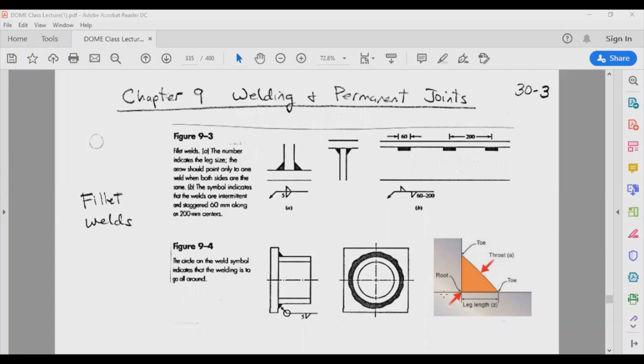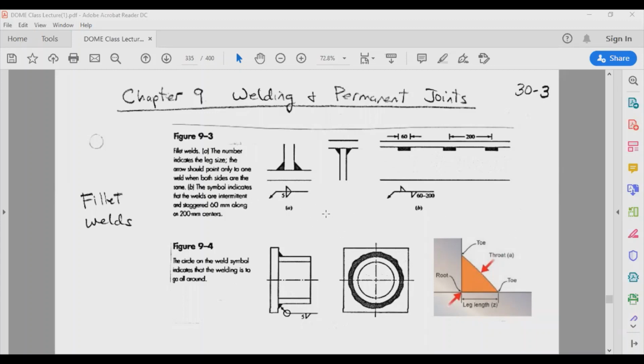You have two plates, and on the weld you are going to specify the leg length, and the throat is going to be the shortest distance over here. The top of the weld is usually referred to as the toe, and this corner is the root of the weld. So root of the weld, toe of the weld, this is the throat length, and this is the leg length.